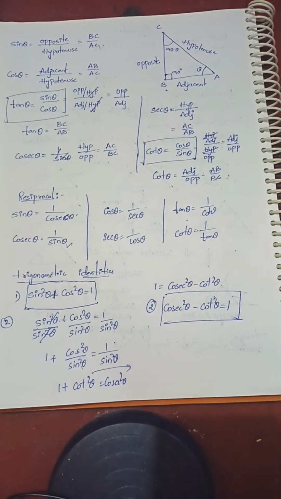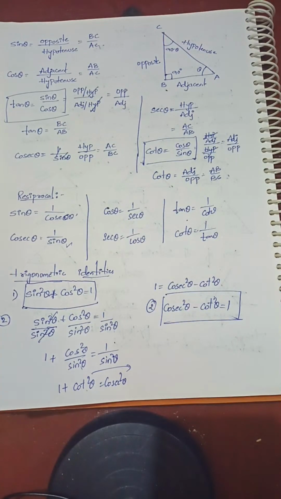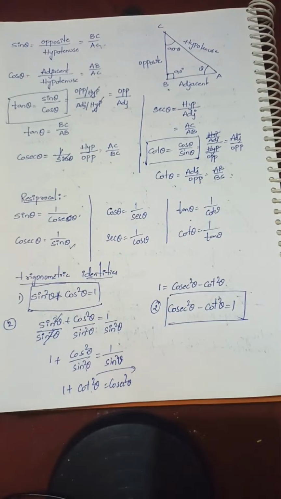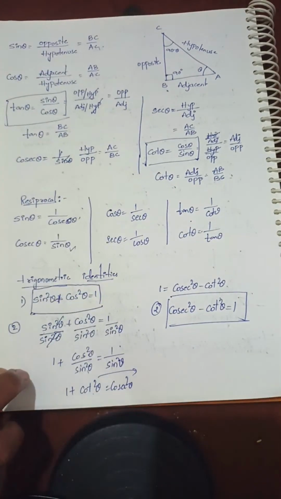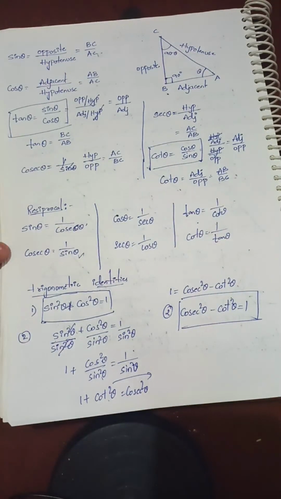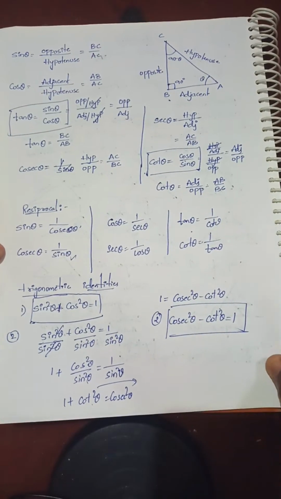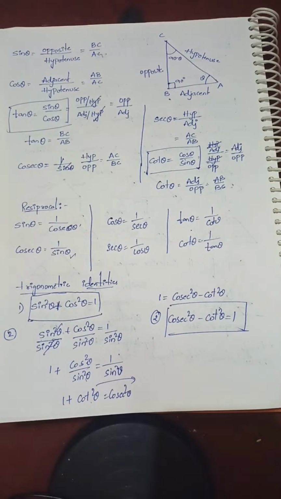I am going to make the third identity also compulsory. So please note it down all this one nicely, the formulas and everything.